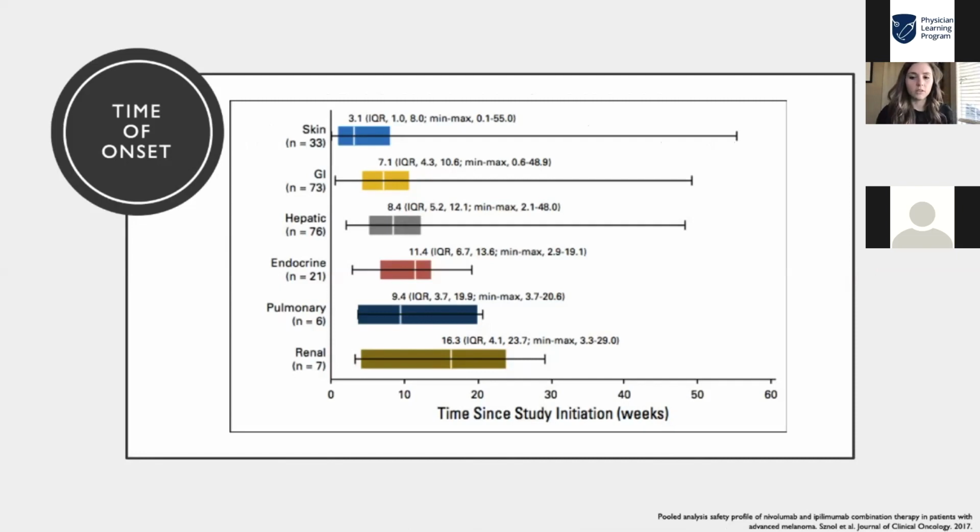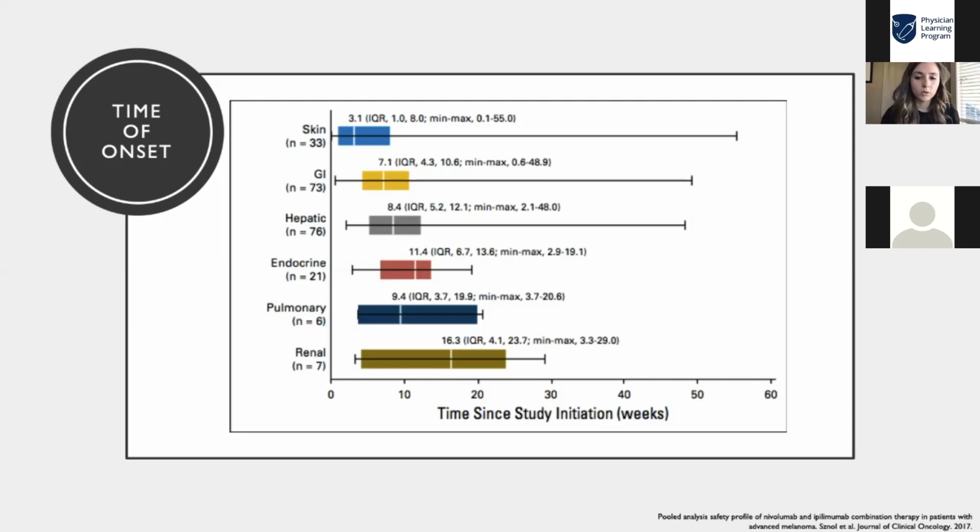In general, adverse events occur within the first 12 weeks of therapy, but may occur up to 6 months after discontinuation of treatment. The timeline of immune-related adverse events is heterogeneous, but there have been some reports of trends that are being observed.